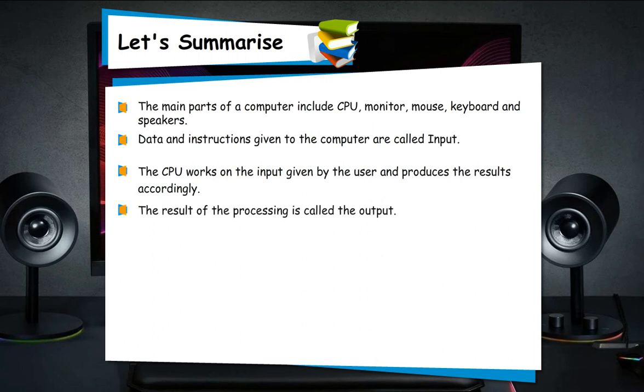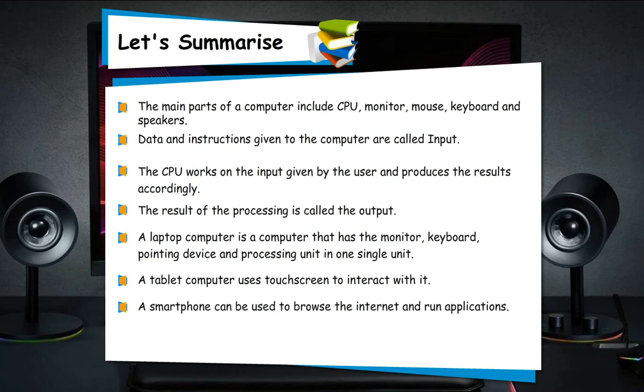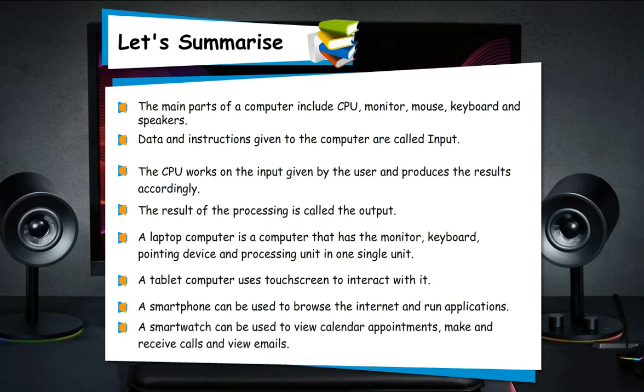A laptop computer is a computer that has the monitor, keyboard, pointing device, and processing unit in one single unit. A tablet computer uses a touch screen to interact with it. A smartphone can be used to browse the internet and run applications. A smartwatch can be used to view calendar appointments, make and receive calls, and view email.